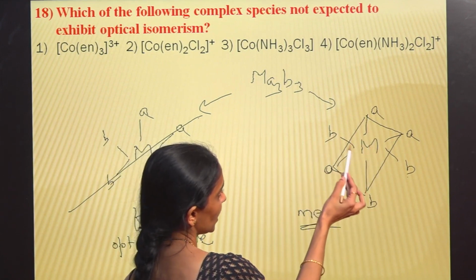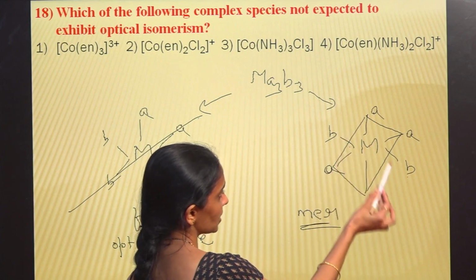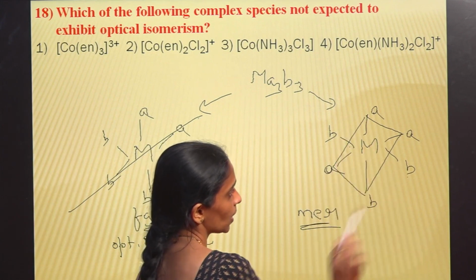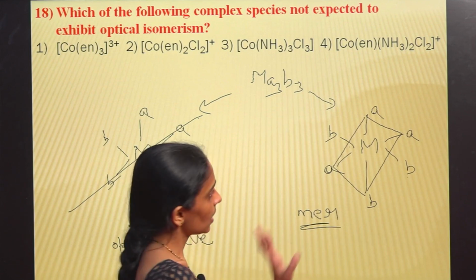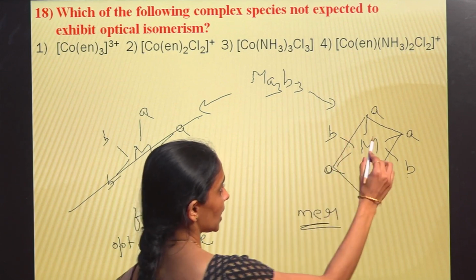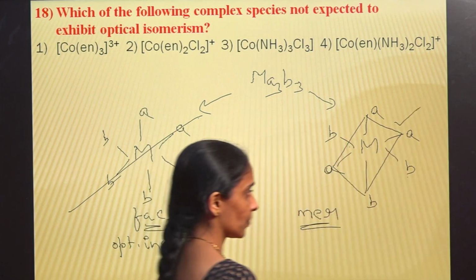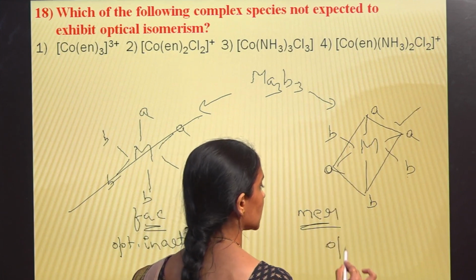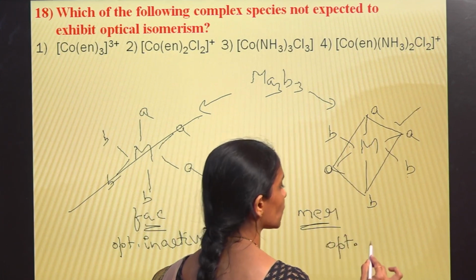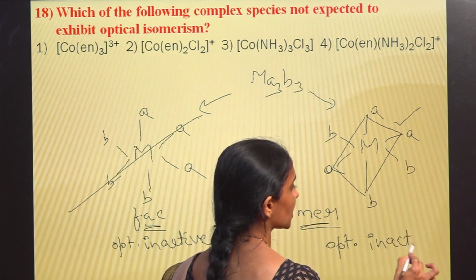One ligand B is present above the metal, the other ligand B is present below the plane. So this is the plane of symmetry. Because of the symmetry element, this form of the molecule is also optically inactive.